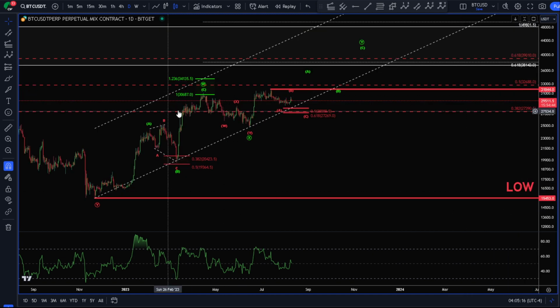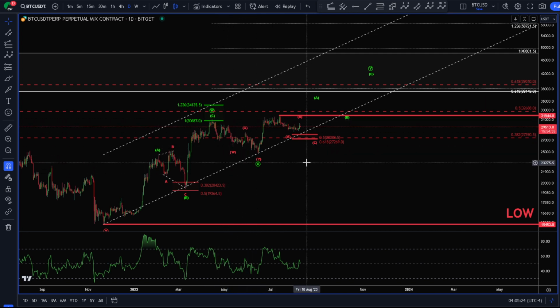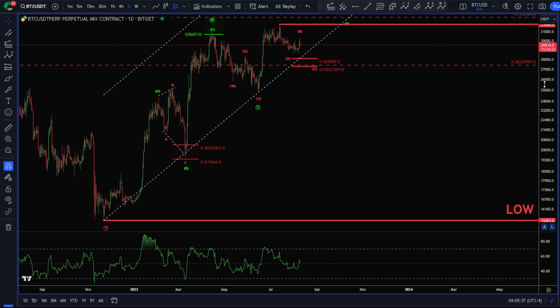And on log, we hit the 1-to-1. So both hitting our perfect targets. And off of that, we had a WXY complex correction. And then we launched in our current A wave, 3 wave of our Y wave. And that's what we'll be looking to zoom in on today and show you some potential trade setups.